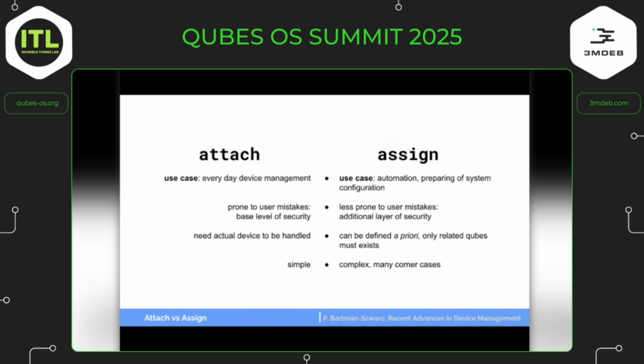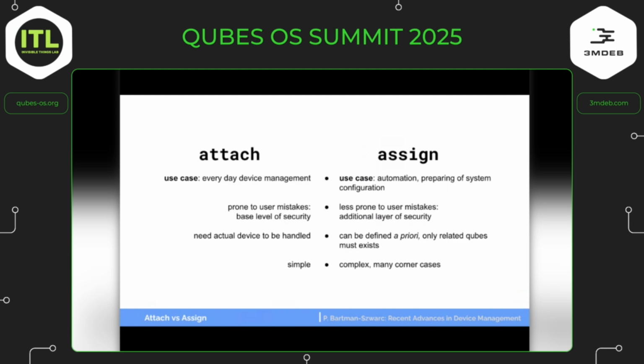In contrast, assigning is intended for pre-configuration, and this works even if no device is present in the system yet. So I can create the assignment of a device before I plug it into the system. This is the main difference. Assignment is the tool for automation. So if you want to configure your system, you should think about assignment.